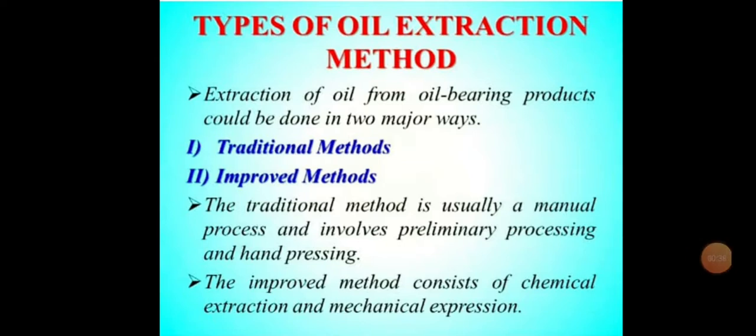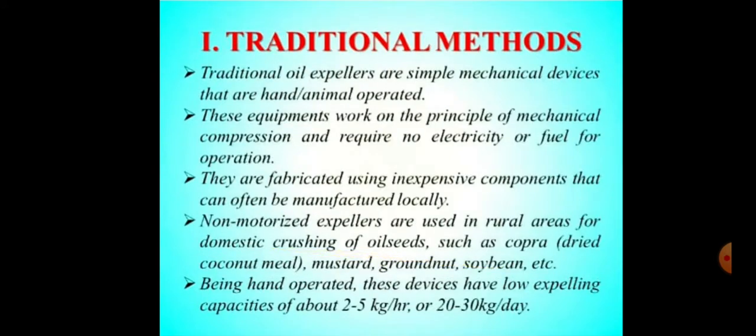So basically we have seen there are two methods included in the oil extraction, the traditional method and the modern one. Expellers are simple mechanical devices that are hand or animal operated.